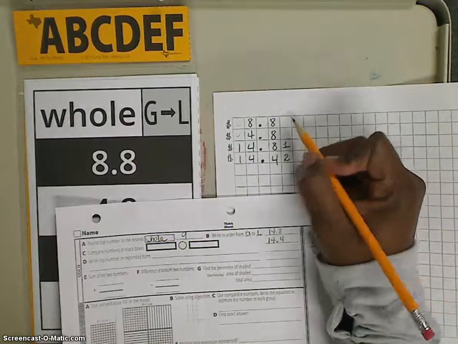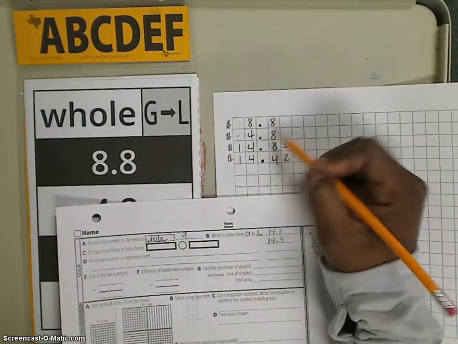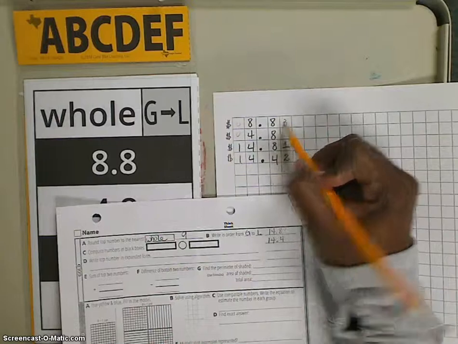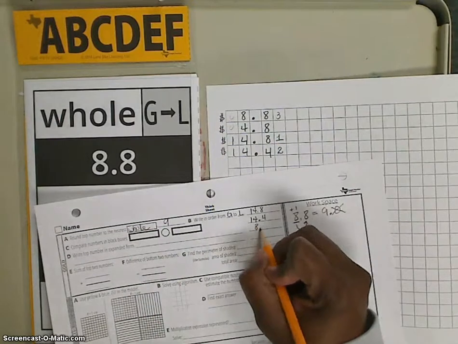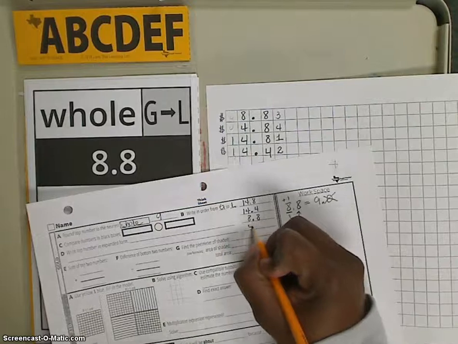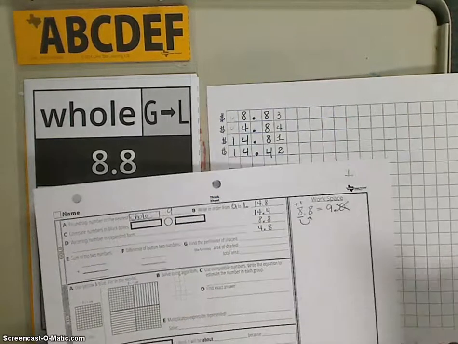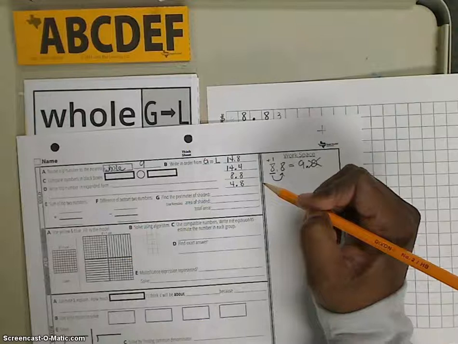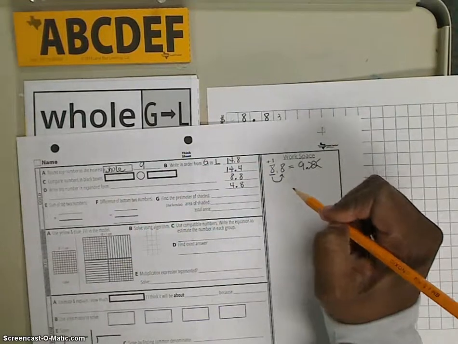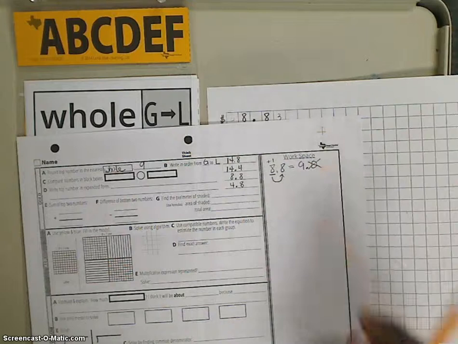And then number 3, 8 and 8/10 or 4 and 8/10? 8 and 8/10 is going to be larger. And last but not least, the smallest is going to be 4 and 8/10. Yay! Check that out. Did you get it correct? Did you happen to put it in order from least to greatest? Make sure you pay attention to the order they want you to put it in.